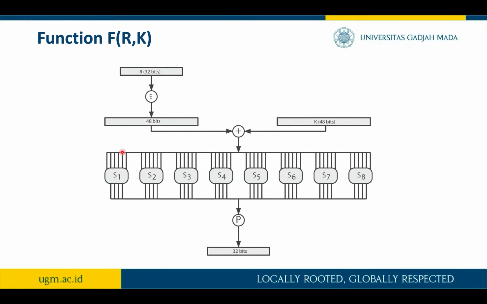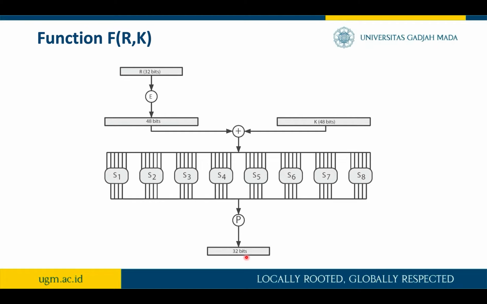For the first group, we use S1. The second group, we use S2, and so on. The result for each group using an S box is a group of 4 bits. So we will have 4 times 8, which is 32. And then after we get the 32 bits, we do permutation using table P here, and the result is this one, 32 bits.